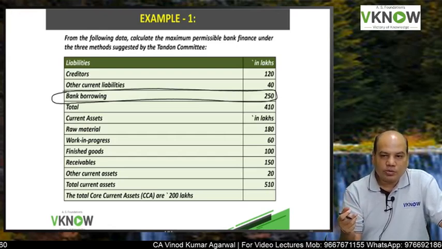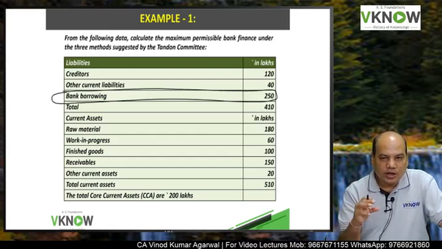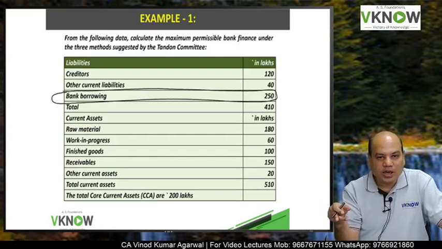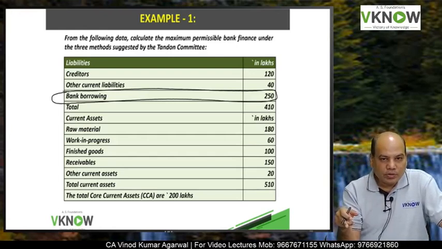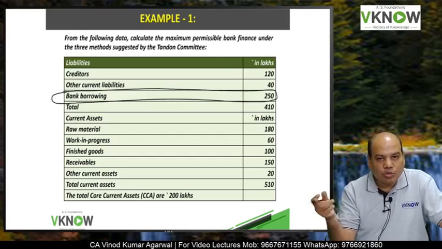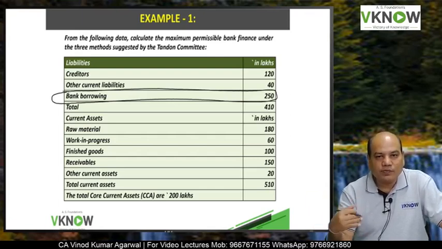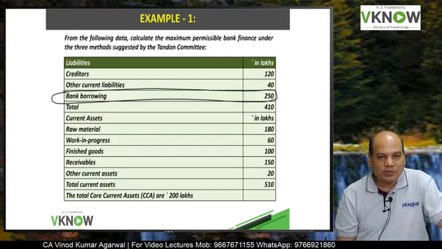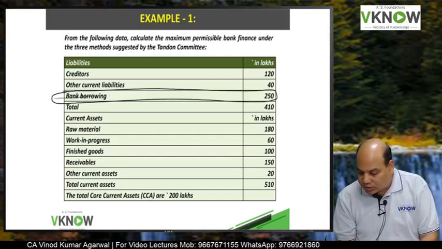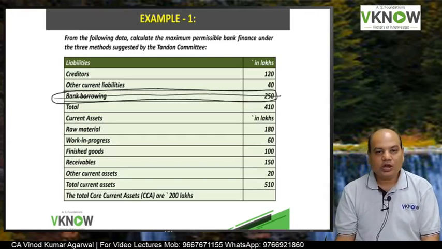So how much bank should finance means I will take current liability excluding bank borrowing. Is it right? Because I want to know how much bank should finance the working capital requirement. So I will not consider this in calculation.